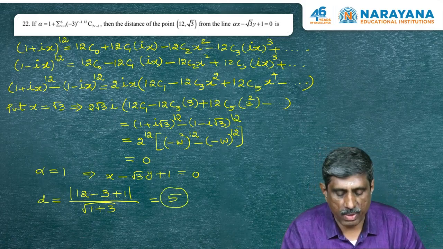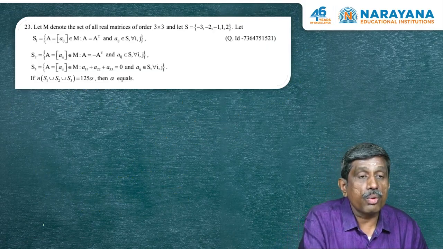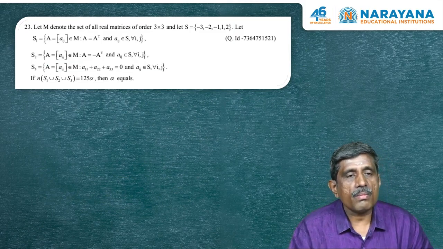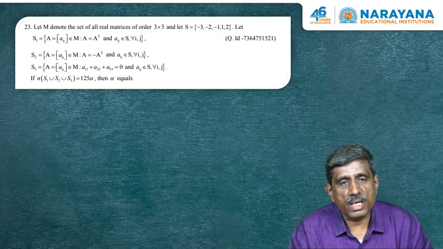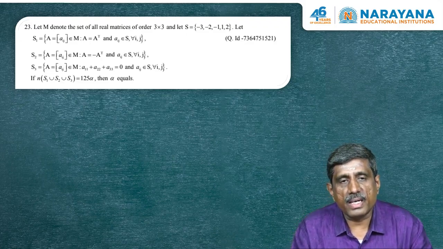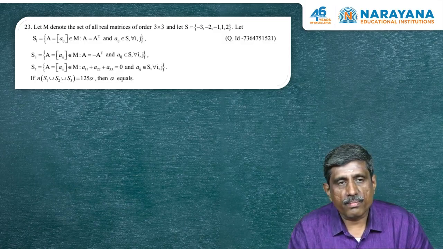Question number 12. Let us move on to question number 23, which was question number 22, now question number 23. Let M denote the set of all real matrices of order 3 by 3, and S is the set containing the numbers minus 3, minus 2, minus 1, 1, 2.